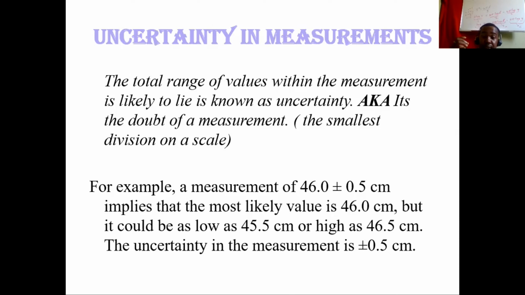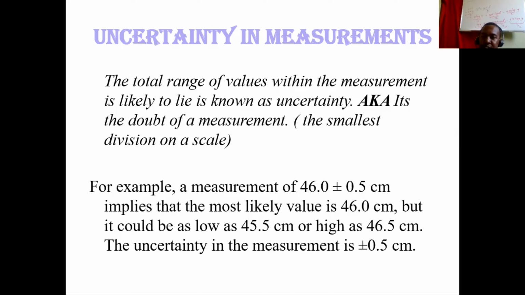So if you use your ruler to measure an object and you get 2.1 centimeters, that reading can actually be less than that value or more than that, but how much more or less can it be?